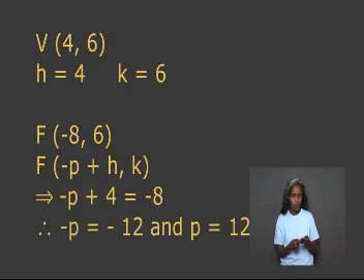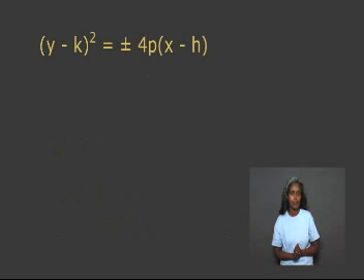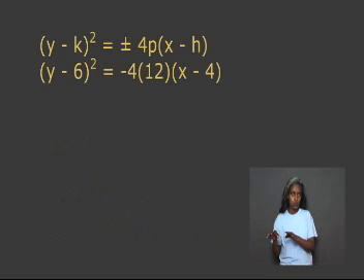Therefore, since length cannot be negative, p equals 12. By substitution, we get (y minus 6) squared equals negative 4 times 12 times (x minus 4).